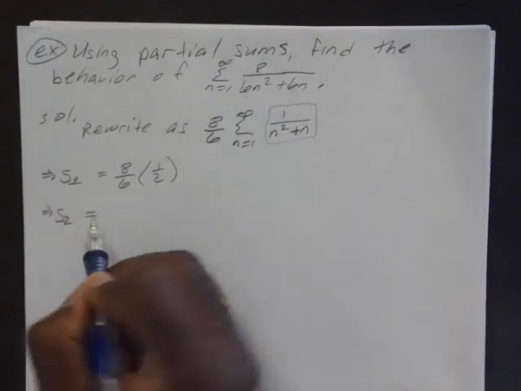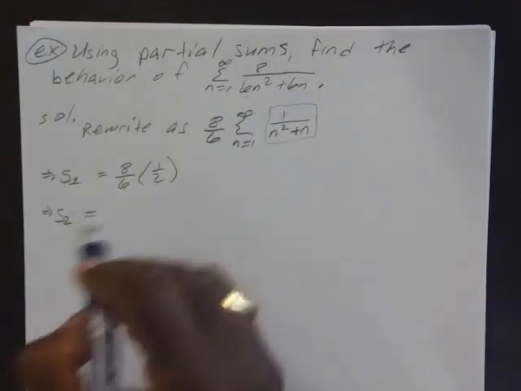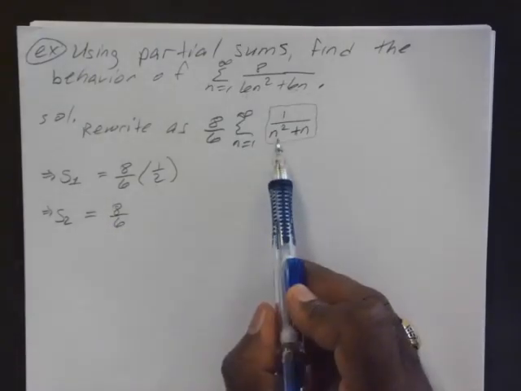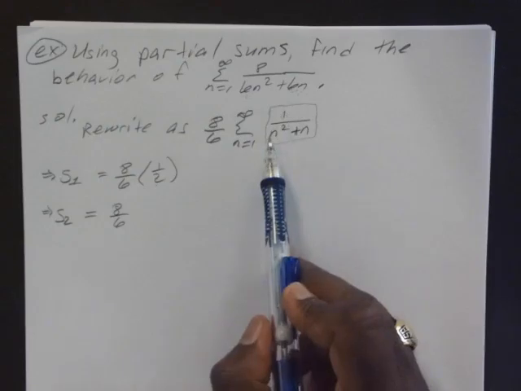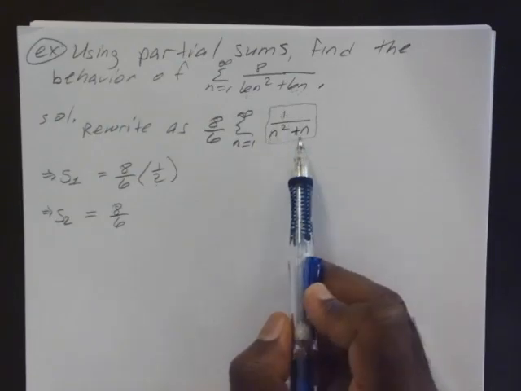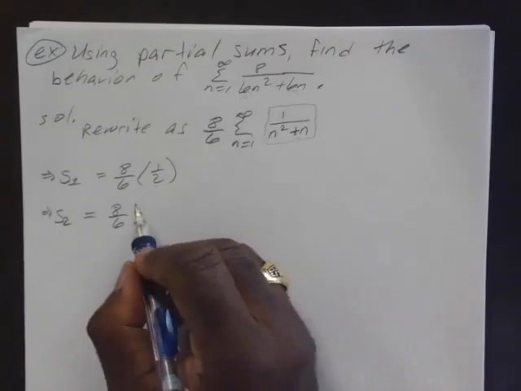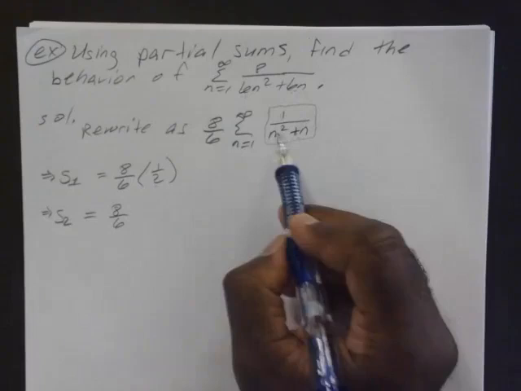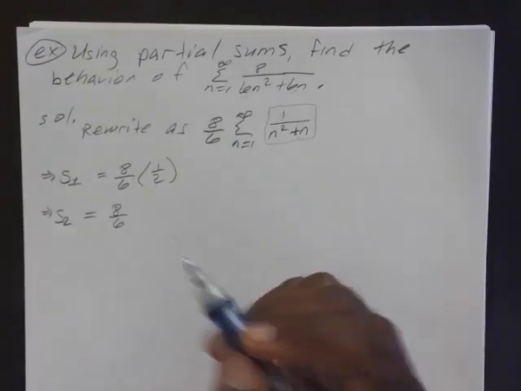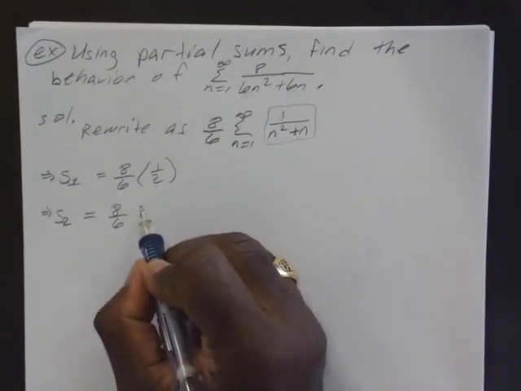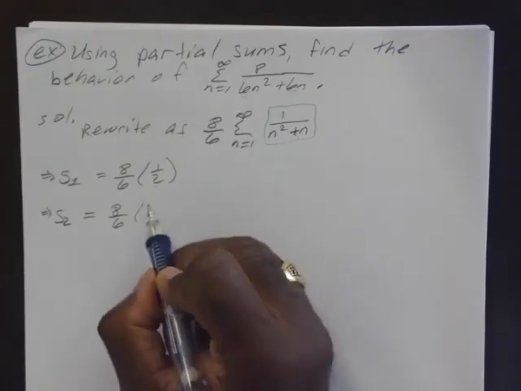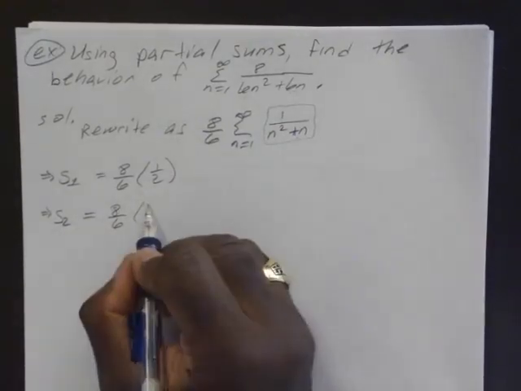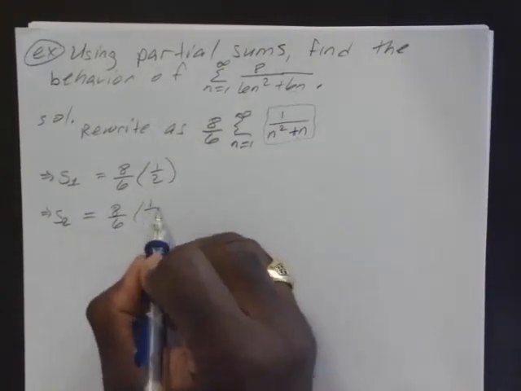Okay, so let's look at our second partial sum. That gives us 8 over 6 times, so we plug in n equals 2. That's 1 over 2 squared, which is 4, plus 2, which is 6. Nope, hold on. I'm plugging in the values. I forgot the S2 is just the first two sums.